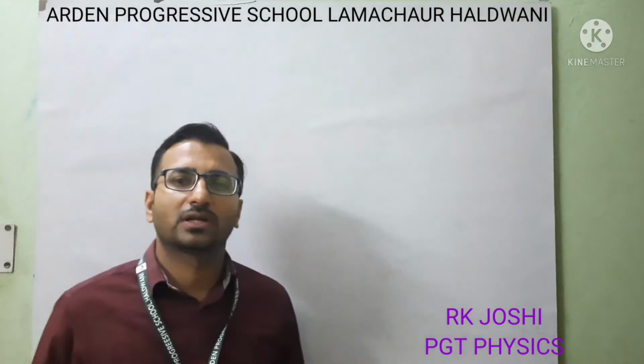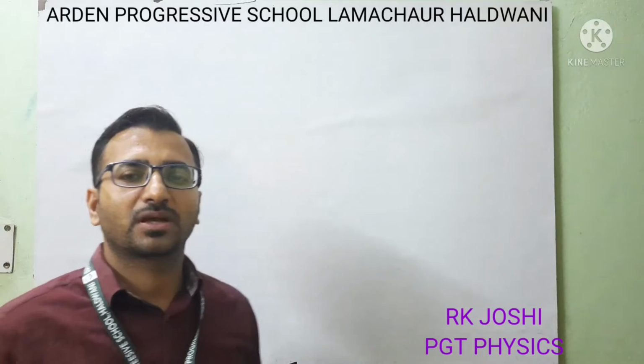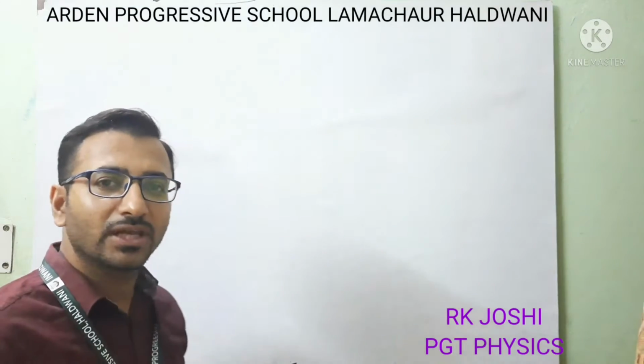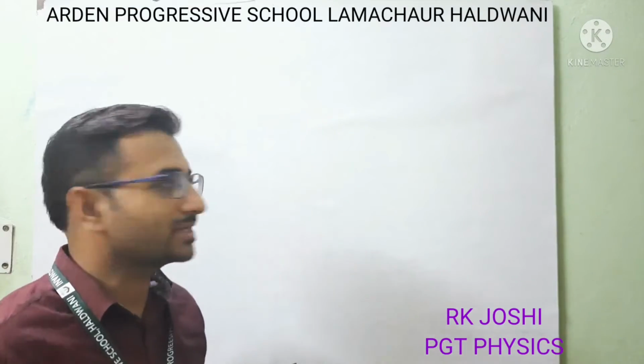So in this video we will continue the topic of chapter current electricity. Now in today's lecture we will discuss the next topics, which are very important for the upcoming topics.